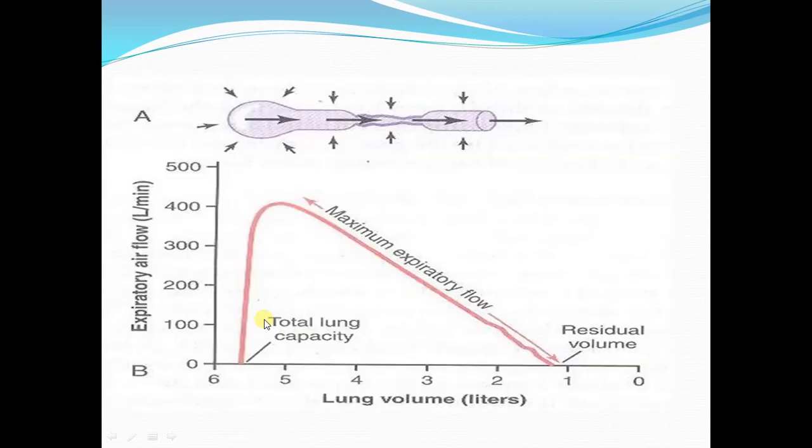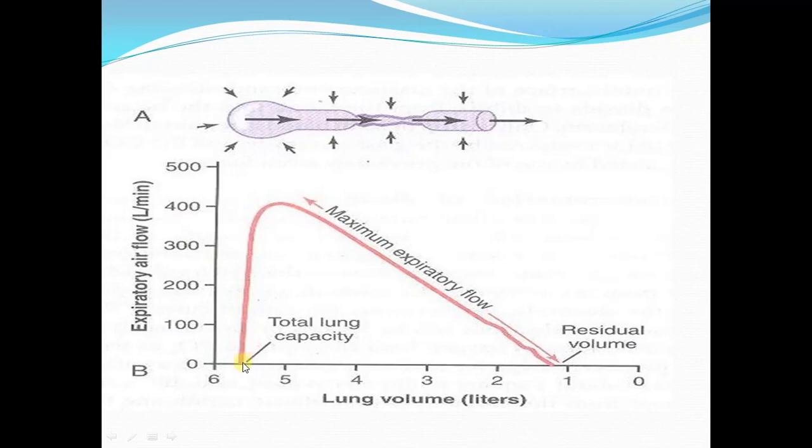So this slide shows us the expiratory flow rate as measured by the peak flow meter. On the x-axis we have lung volume, and on the y-axis we have the flow rate given in liters per minute, and this is the flow rate in a normal person. In a normal person we have just seen that the value of flow rate is 400 liters per minute.